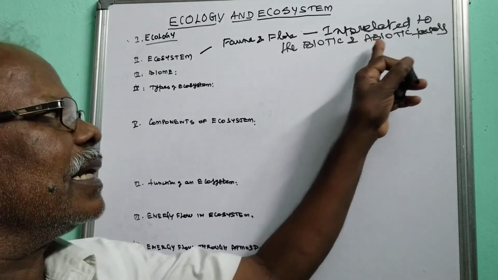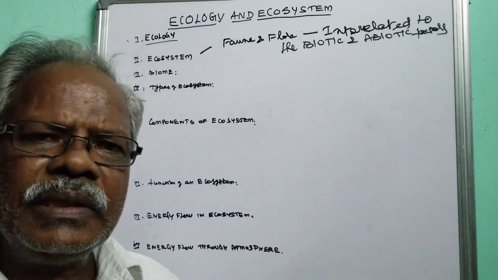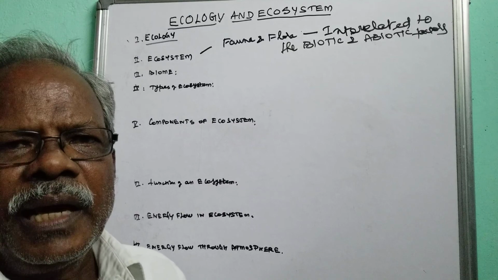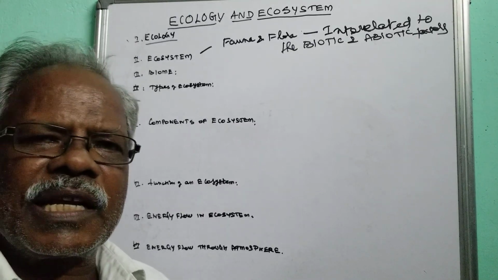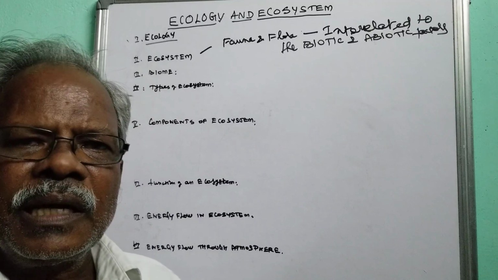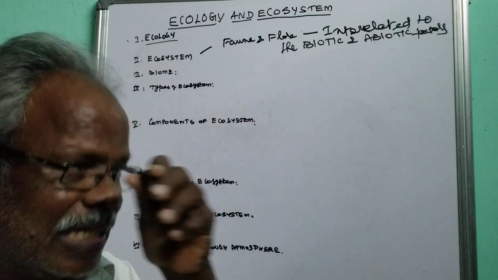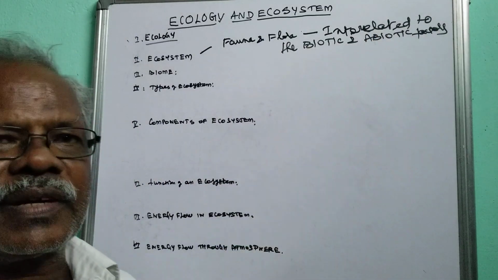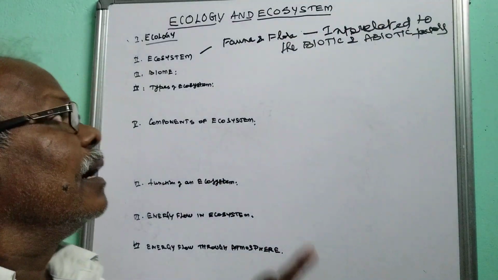These things come under abiotic factors. The biotic factors are the plants, how the autotrophs support the primary consumers, secondary consumers, tertiary consumers, and how the detritus matter or the decomposers also support the biotic factors. These things are going to be dealt with in ecosystem.